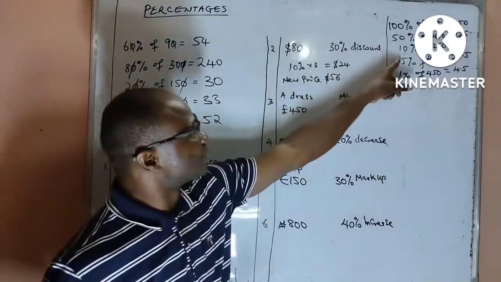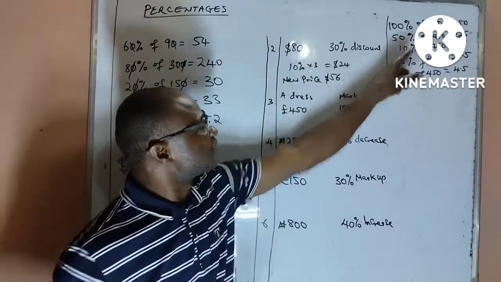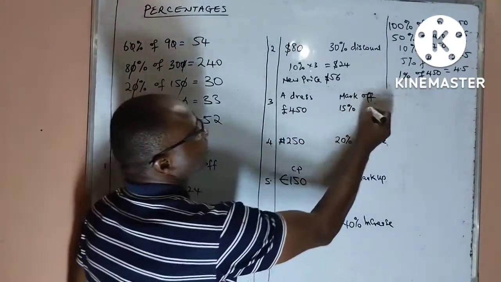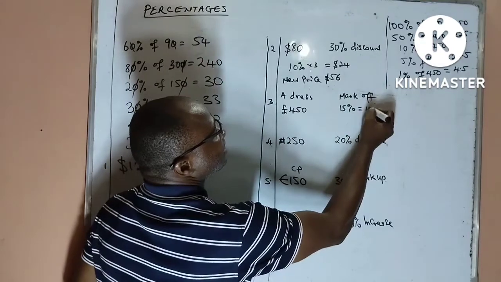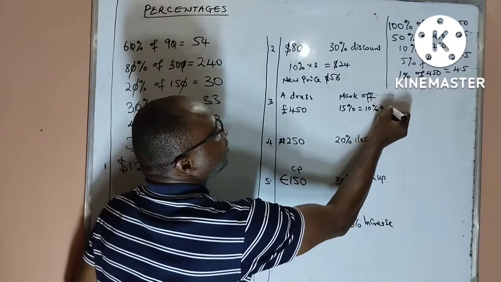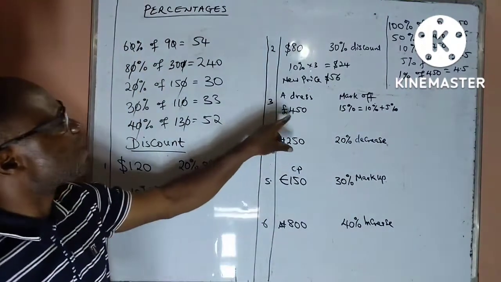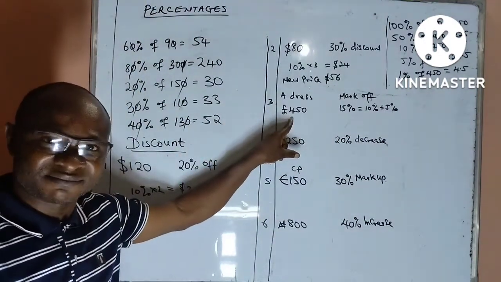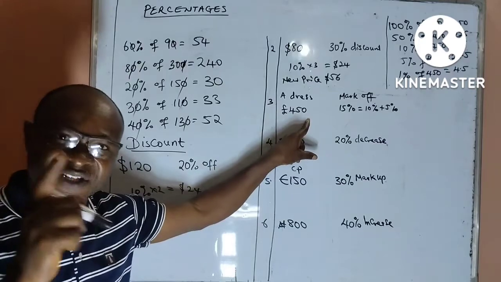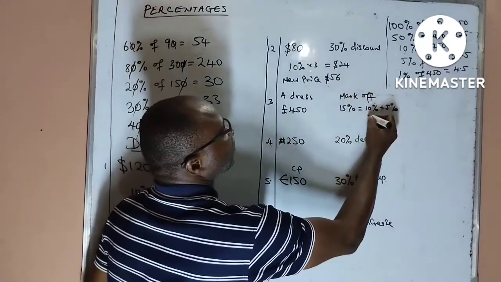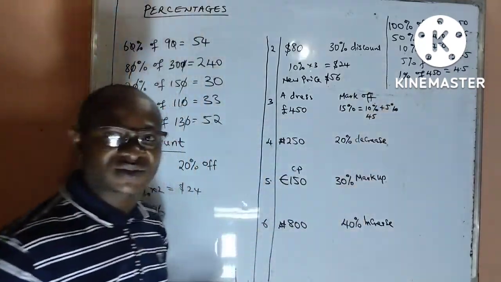But going to our simple trick, 15% is the same thing as, I can put it as 10% plus 5%. Okay? Which means I will come and find 10% of 450, divided by 10. That is going to give me £45.